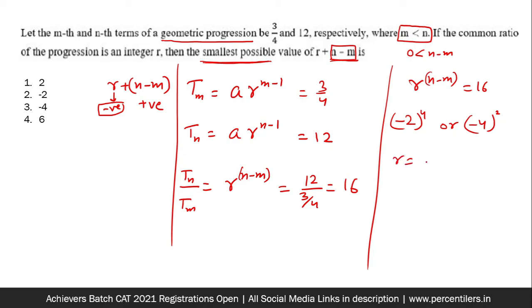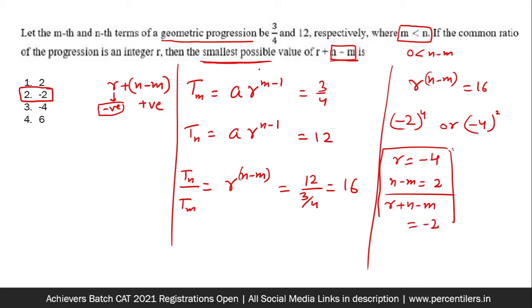So we are going to stick with r being minus 4 and n minus m being 2. And if we add these two, we are going to get our expression r plus n minus m to be equal to minus 2. I think this is the best that we could do to get the smallest possible value of r plus n minus m, and this way minus 2 becomes the answer to the question. Hope you understood this. Moving ahead.